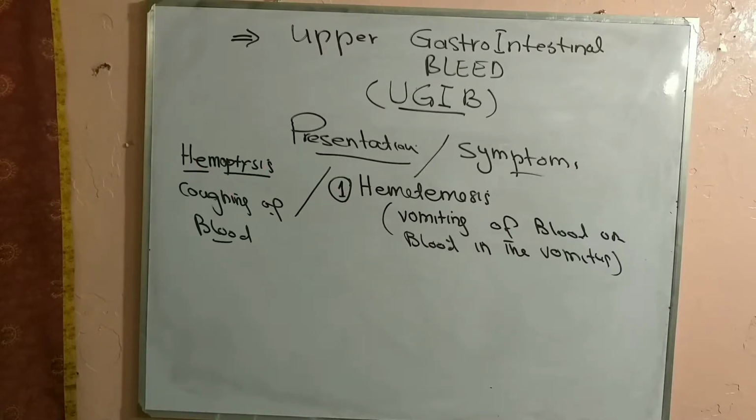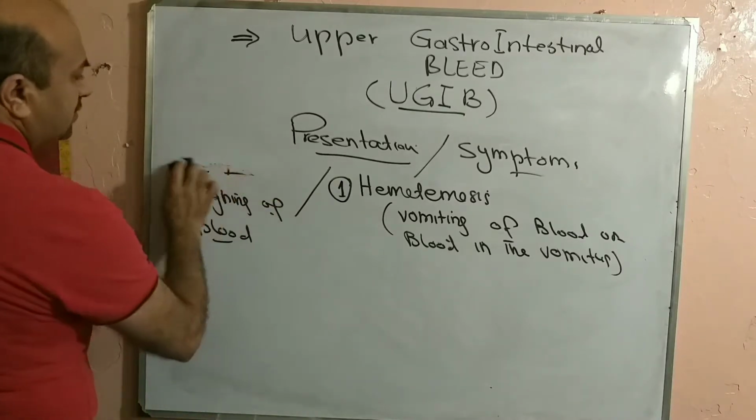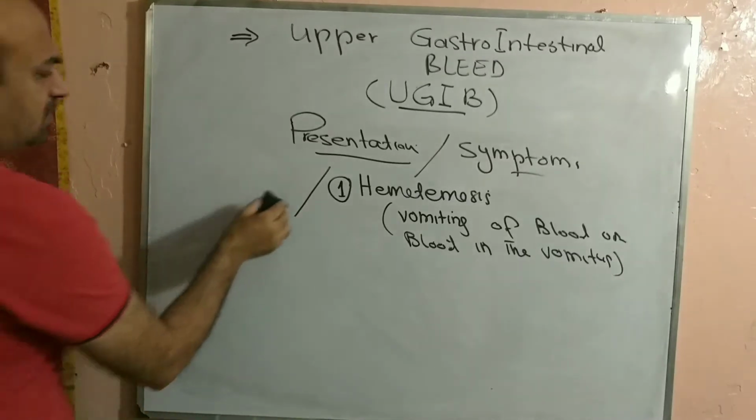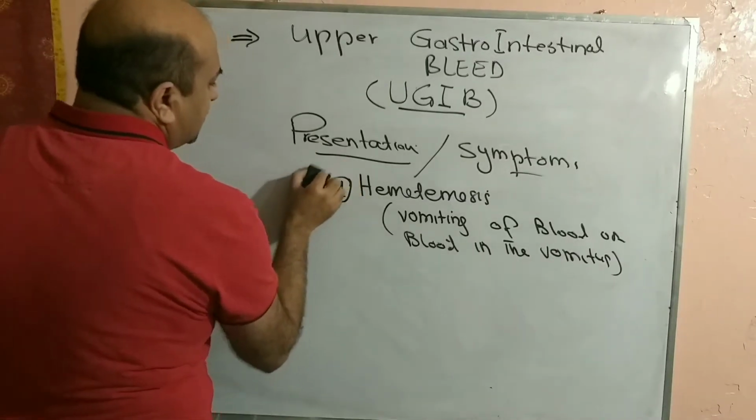So always be open-minded, always try to make a difference between the two, whether this is hematemesis or hemoptysis, because this will help in the longer term. So hematemesis is one cardinal feature with which the patient comes through the ICUs and the emergency department.